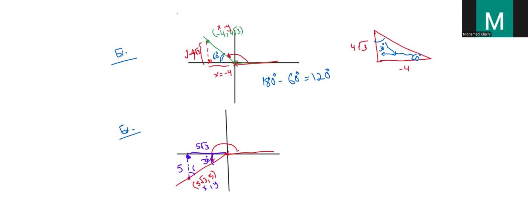Brilliant. So how can I get the required angle, the red angle? I need 180 degrees plus 30 degrees equals 210.